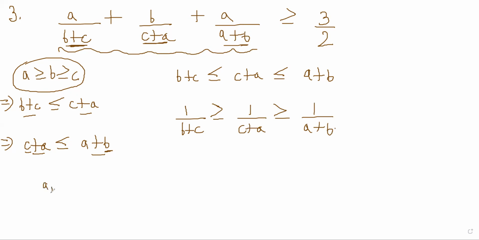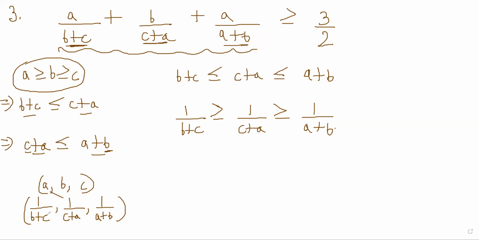The sequences are A, B, C, and 1 by B plus C, 1 by C plus A, and 1 by A plus B. This is one sequence, this is another sequence. They have the same order, as in A is greater than B is greater than C, and 1 by B plus C is greater than 1 by C plus A, and greater than 1 by A plus B. Once we have this, now we are ready to apply rearrangement.